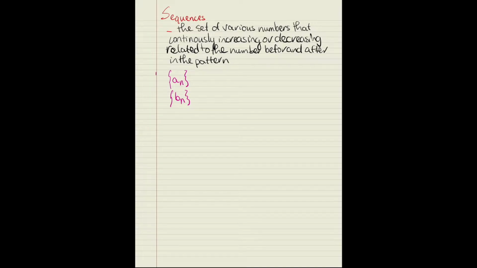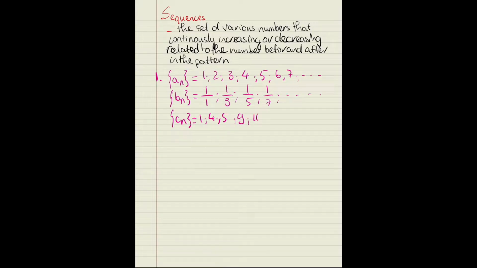So I will give you some examples: the sequence A of n equals 1, 2, 3, 4, 5, 6, 7, and more; B of n equals 1 over 1, 1 over 3, 1 over 5, 1 over 7, and more; or C of n equals 1, 4, 5, 9, 10, 15, and 24.